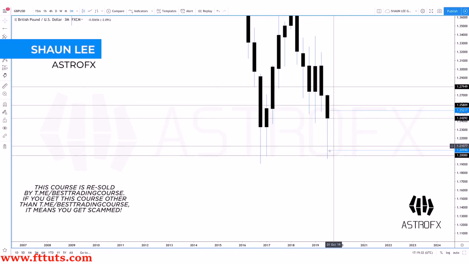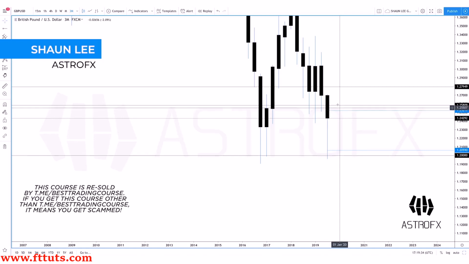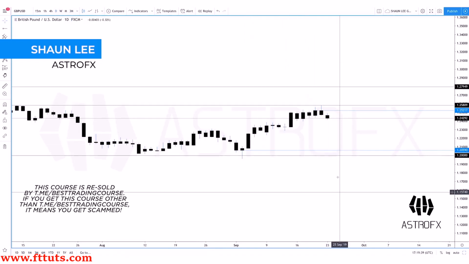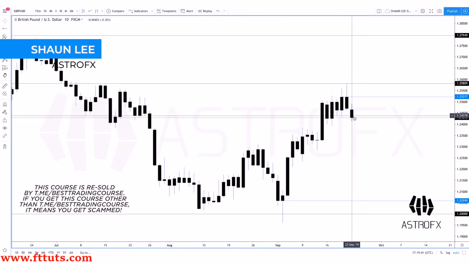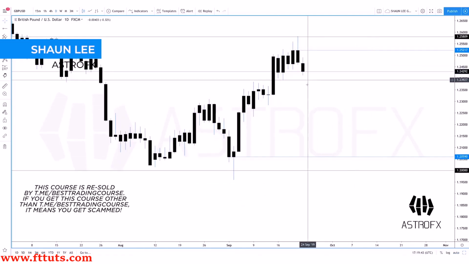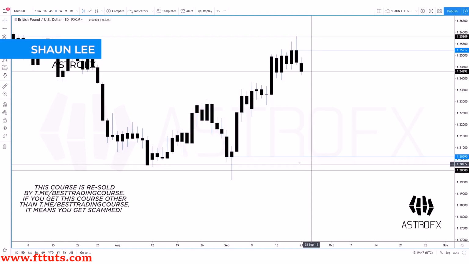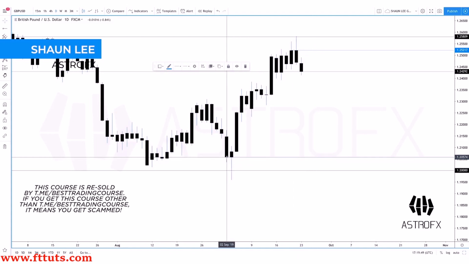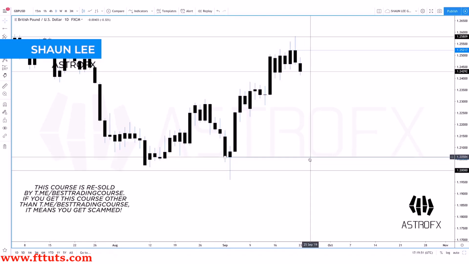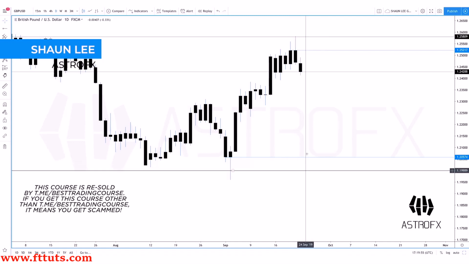We could have a pretty poor end to the year before going higher. So what we can do is use that daily area to manage any potential short positions, using this level to take profit at 1.2050. So we can use this level just to manage a short, or watch how price reacts if it does come into this region before rebounding.